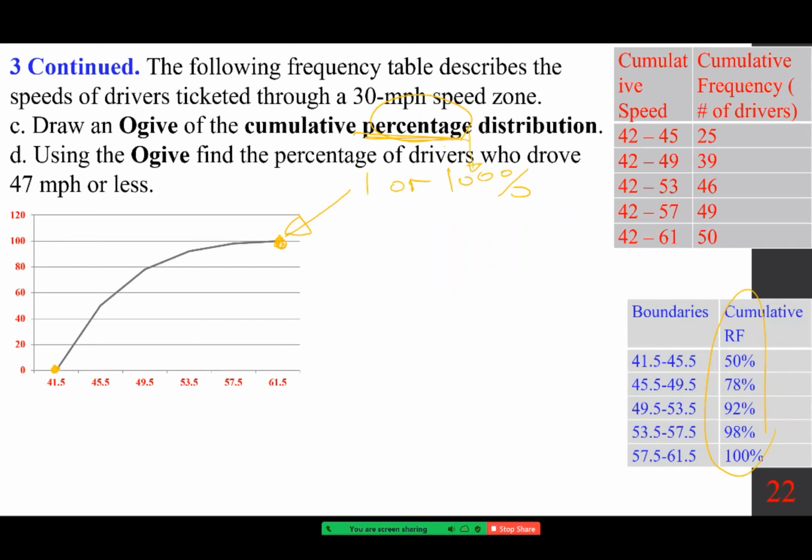If it said frequency, then this will correspond to n, the total size.